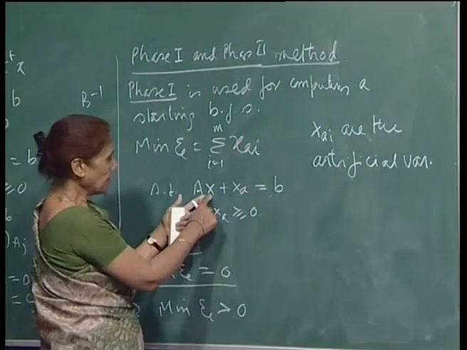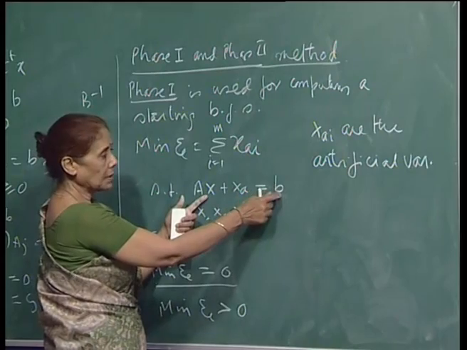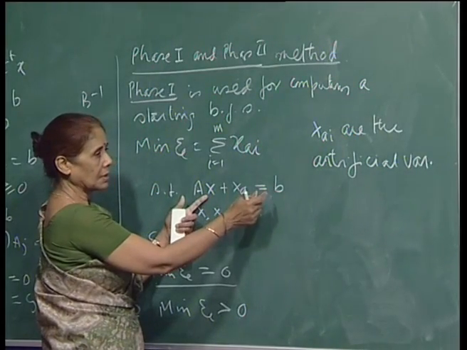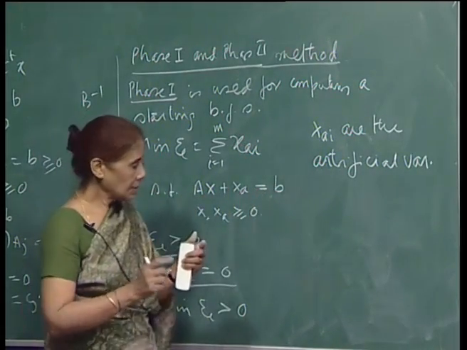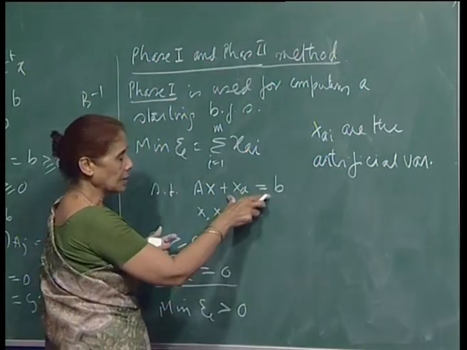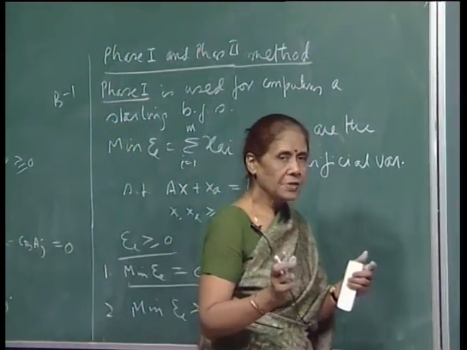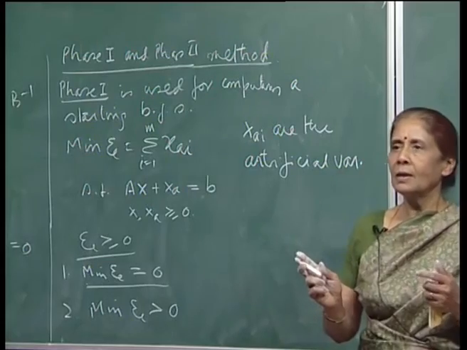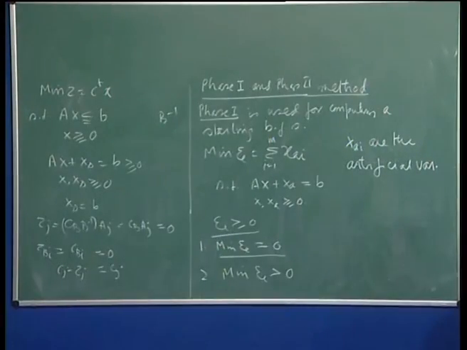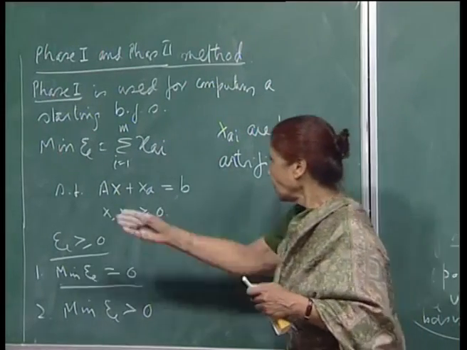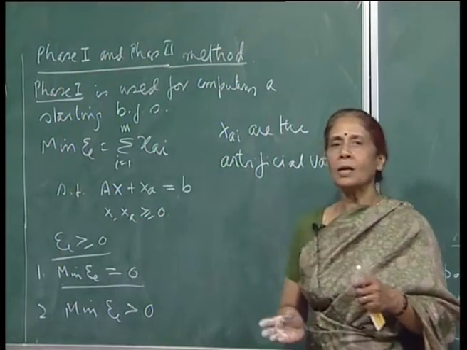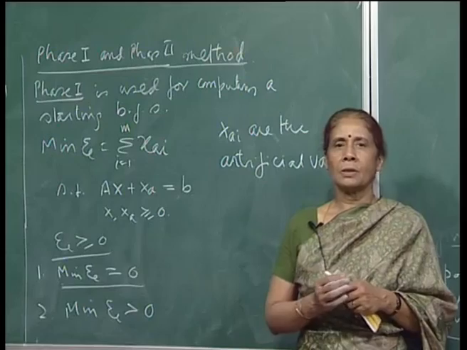That the regular variables will not satisfy that particular constraint as an equality constraint. So as long as in any feasible solution here some artificial variables are at positive level, then that solution cannot be feasible. That means if I drop the artificial variables and try to see if I have a feasible solution from among the regular variables, that will not happen.